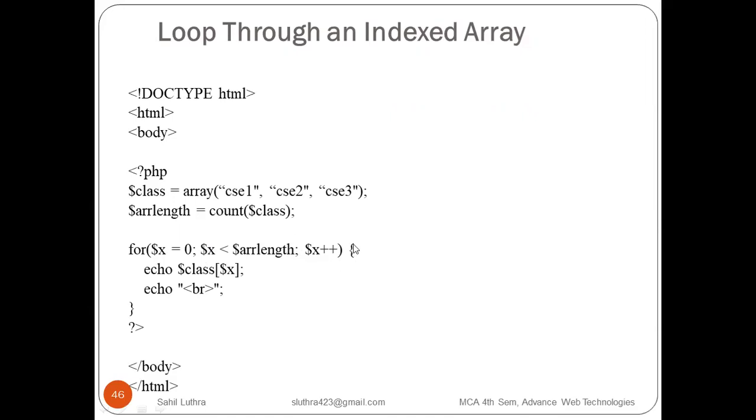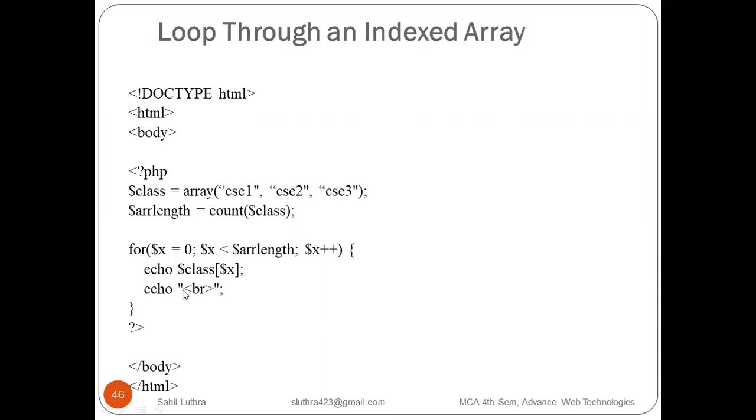Next we are using curly braces, and here we are using echo $class[$x]. What does it mean? The echo function is basically used to print a value or print something. So echo $class[$x] is going to print all the values which come under x.